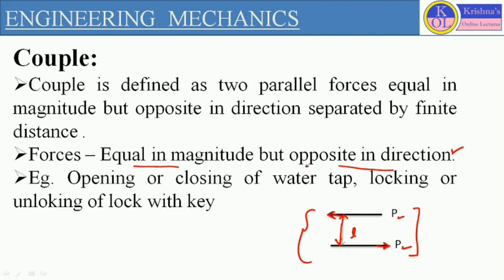Now if the forces are rotating or turning about a particular point, it will form a moment. Consider the rotational effect of a couple: two forces are involved, and both forces are rotating about a particular point. Let us consider one point O. This P is rotating about point O in this direction, and this P is rotating about point O in this direction.